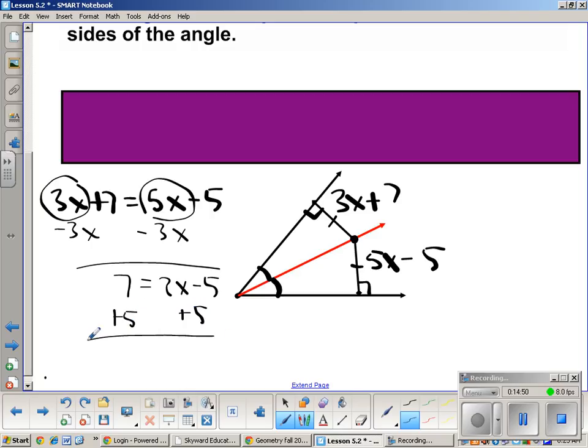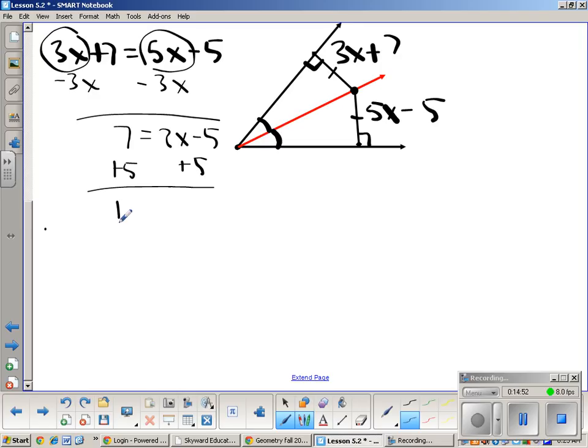And so we get 12 equals 2x. So x is equal to 6. So then if they had labeled these like A, B, C, D, and they said find the length of DC, then we could go back now that we know what x is and find it, right?